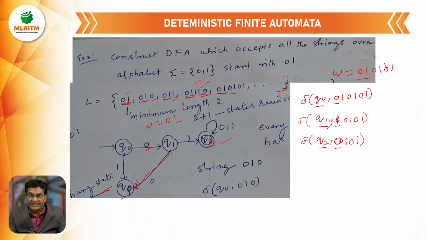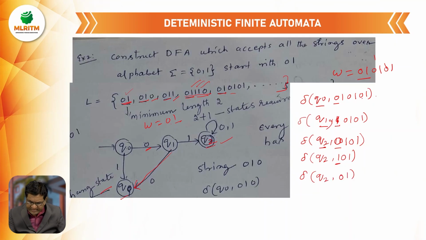Q2 with 0 stays in itself, Q2. Current state is Q2 with current input 1, then itself only, we get Q2.